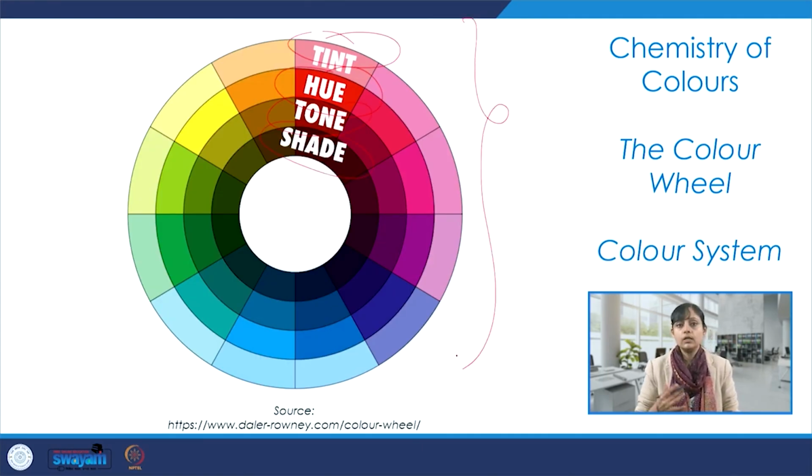So there is a huge variety within the color system, and the color wheel helps us understand these interrelationships and helps us pick the colors, understand their potential use, and also understand their proximity, association and interrelationships with the other colors.